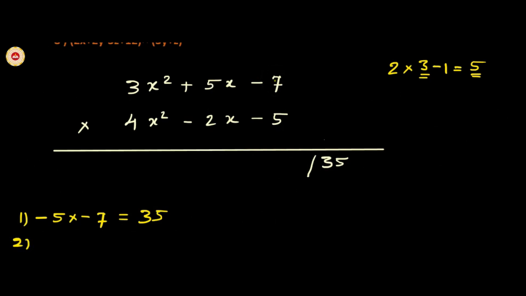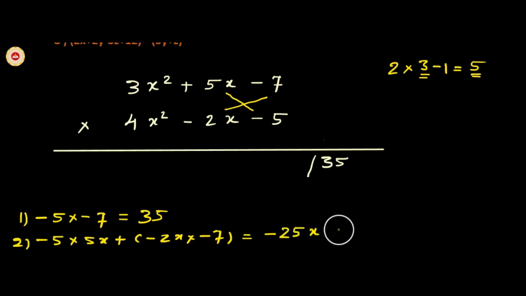Okay, so what is the second step? There are 2 columns, and how do we multiply the digits or terms in 2 columns? We multiply crosswise. So let us multiply crosswise. Minus 5 multiplied by 5x plus minus 2x multiplied by minus 7, which is equal to minus 5 multiplied by 5x, minus 25x, minus 2x multiplied by minus 7. 7 2s are 14, minus minus plus.